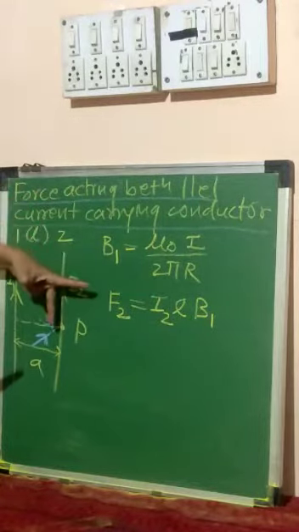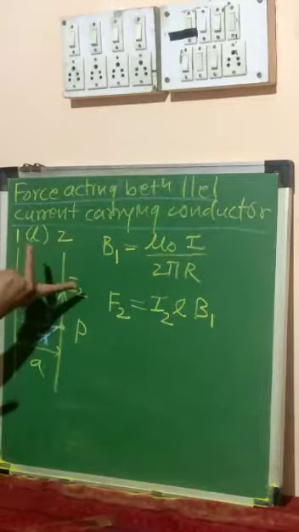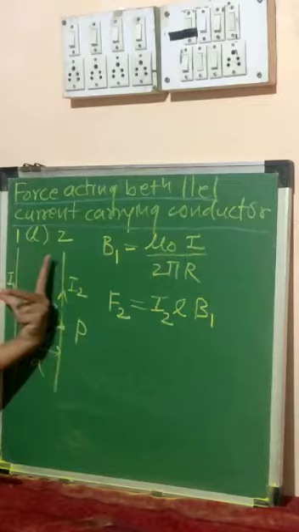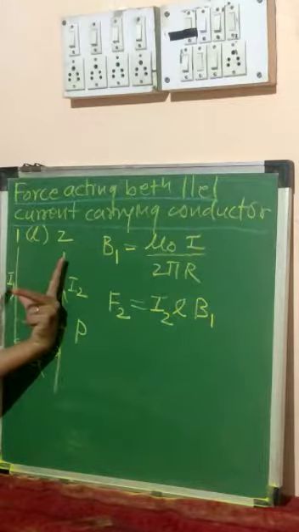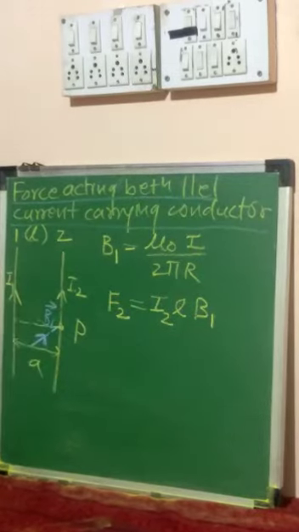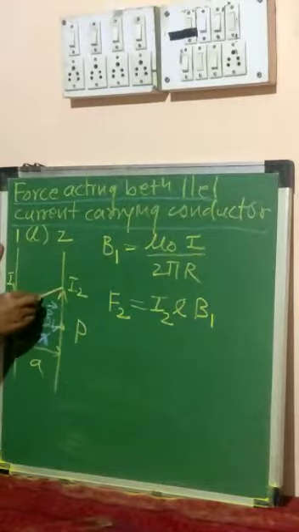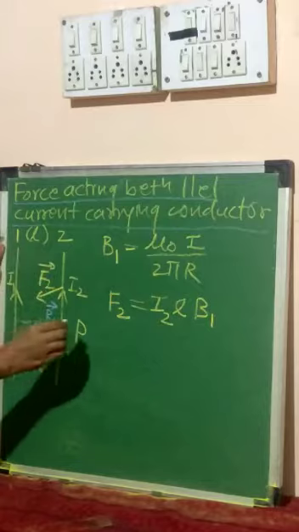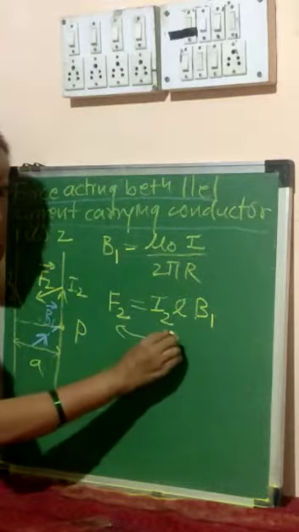So I will rotate my left hand and turn it in this manner. Your current is in the upward direction, your magnetic induction is inside, so the direction of force will be towards the first conductor. So the direction of force will be towards the first conductor.